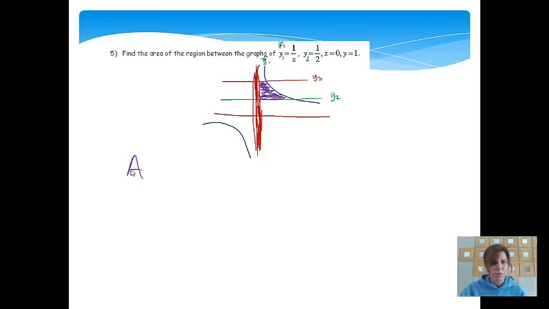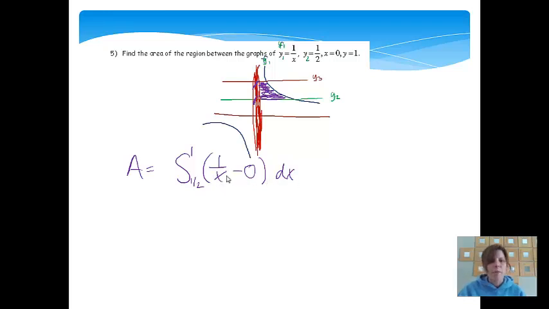So when I go to find the area of this one, I'm going to go from a y value to a y value, and I can tell this is just from 1/2 to 1. So I'll go from 1/2 to 1. And then if I'm looking at this, the curve on the right, we're going to do right minus left. The curve on the right is 1 over x. And then the curve on the left is actually just 0. And of course we're with respect to x.